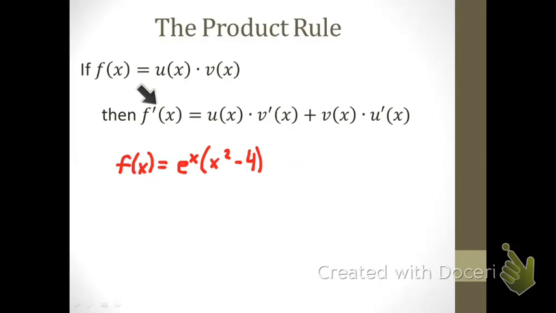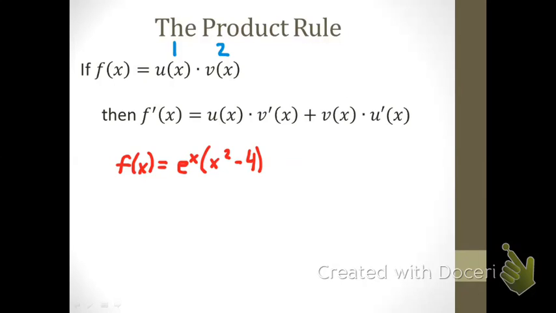F prime of x would equal u of x times v prime of x plus v of x times u prime of x. Now that might look a little complicated, so I'm going to try to make it look a little simpler. Let's just simply say that the two functions u of x and v of x are just functions 1 and 2.